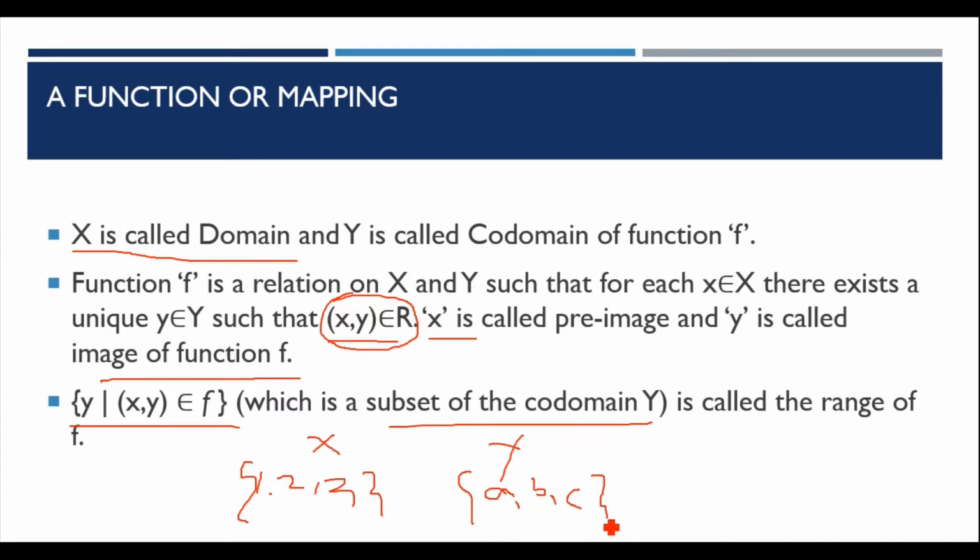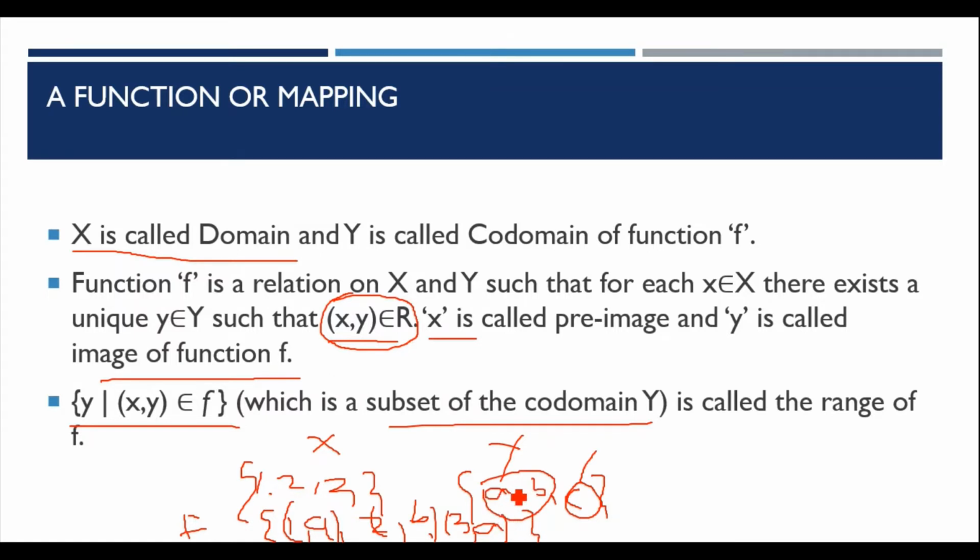For example, we have only 1A, 2B, and 3A as the set of the function. You will notice that C in Y was not included. So that means the range of the function would be only A and B.